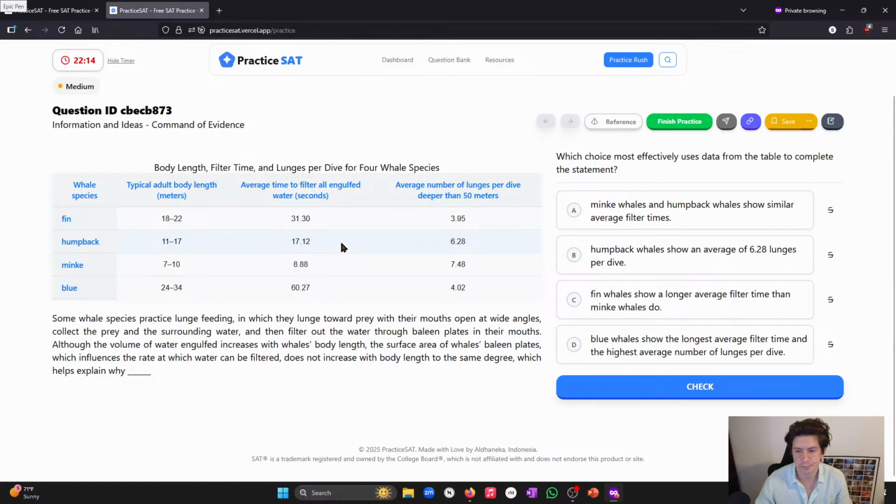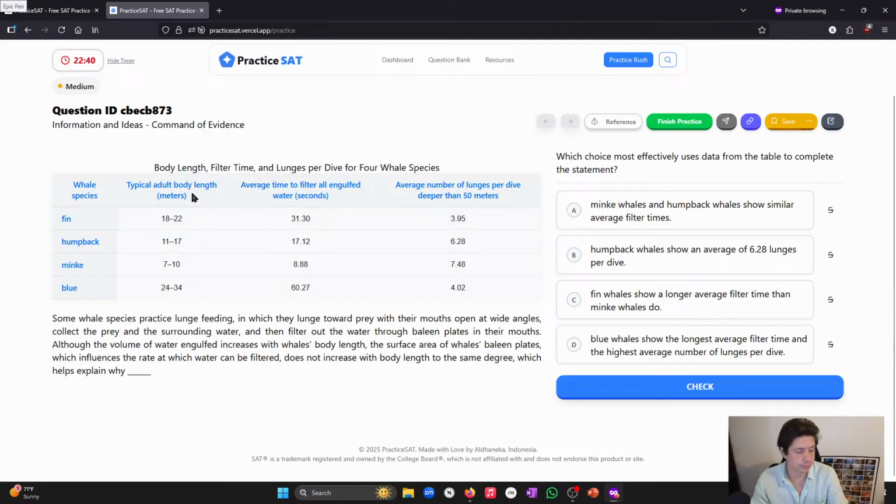Okay. So we're being told that the water engulfed increases with whale's body length, but the surface area does not increase with body length to the same degree. And that could explain engulfed water.